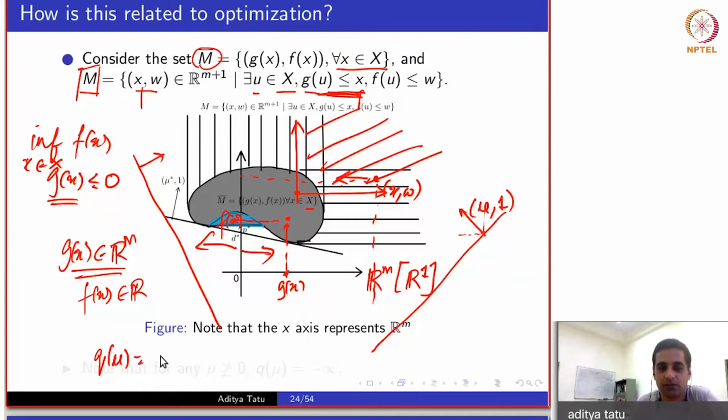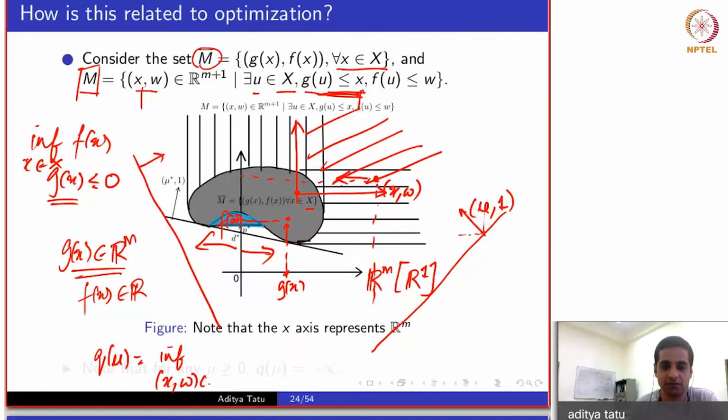Remember, q(mu) is the infimum over x in X of f(x) plus mu transpose g(x), right? Or in terms of the set M, geometrically, what does this mean?